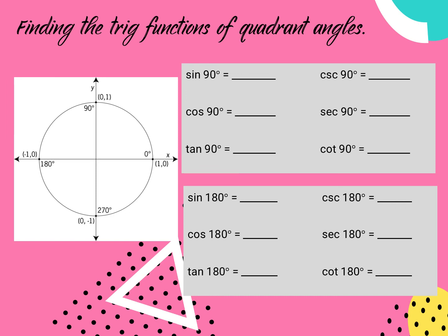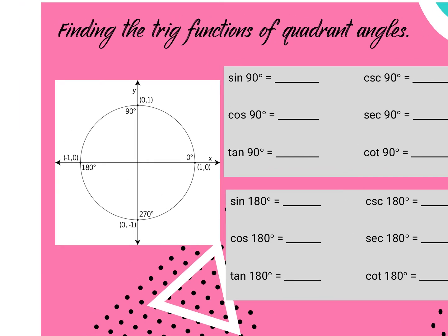So again, when we're doing actual angles in the quadrants, remember this is quadrant 1, and if we use our acronym, ALL, these are all positive. Quadrant 2, this is Students, so sine and its reciprocal, cosecant.